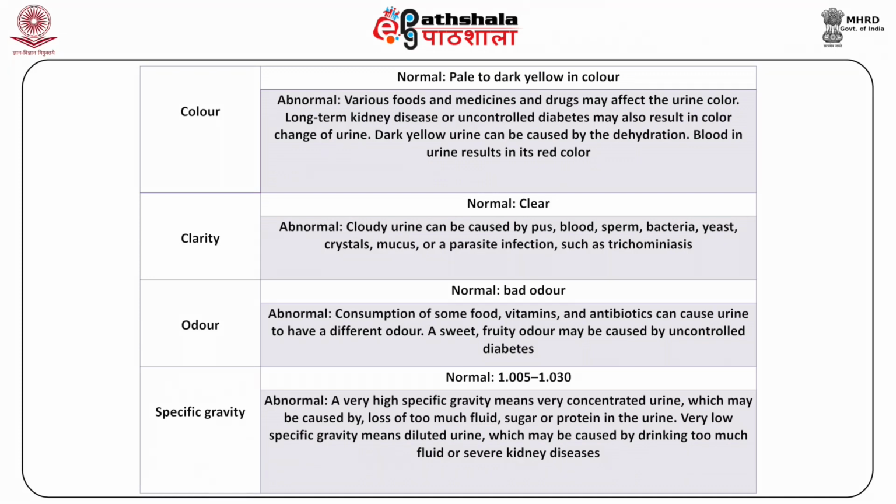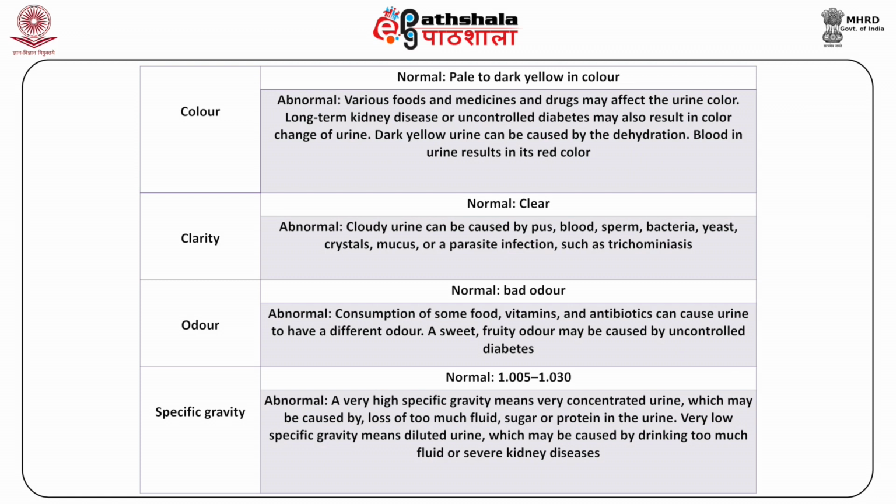In terms of color, normal is pale to dark yellow; abnormal, various foods, medicines and drugs may affect the urine color. Long-term kidney disease or uncontrolled diabetes may also result in a change of urine color. Dark yellow urine can be caused by dehydration, and blood in urine causes its color to change to red.